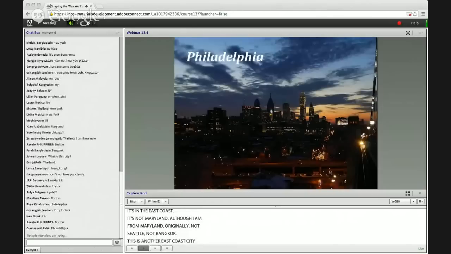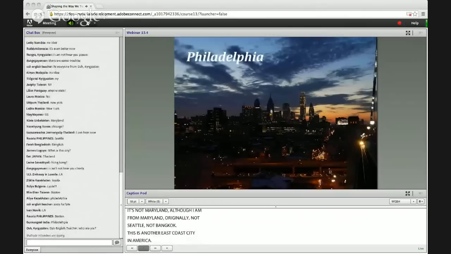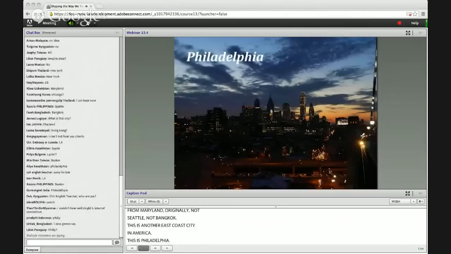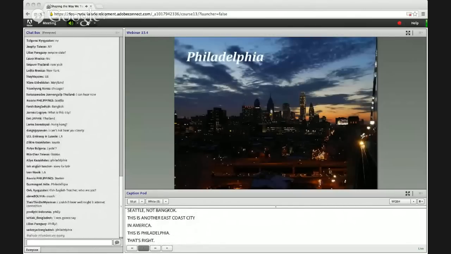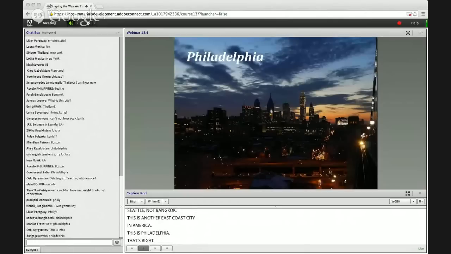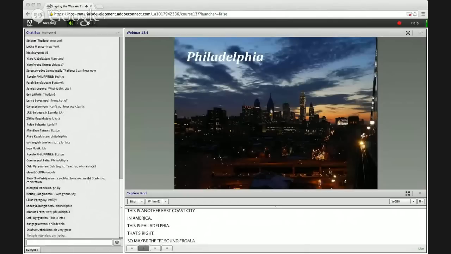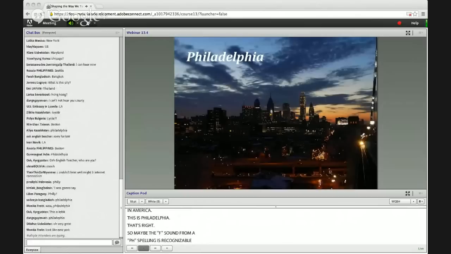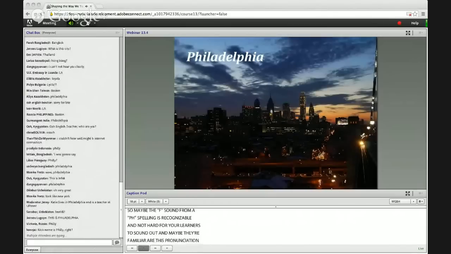Great. Yes. So maybe the F sound from a PH spelling is easily recognizable and not too hard for your learners to sound out. And maybe they're really familiar with this kind of pronunciation rule, but maybe they could look at this word and say Philadelphia really easily without knowing how locals pronounce this word. So do you know how this word might sound in fast casual speech?